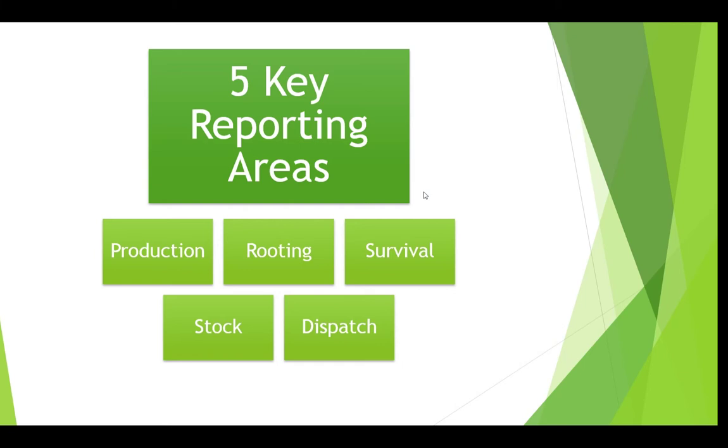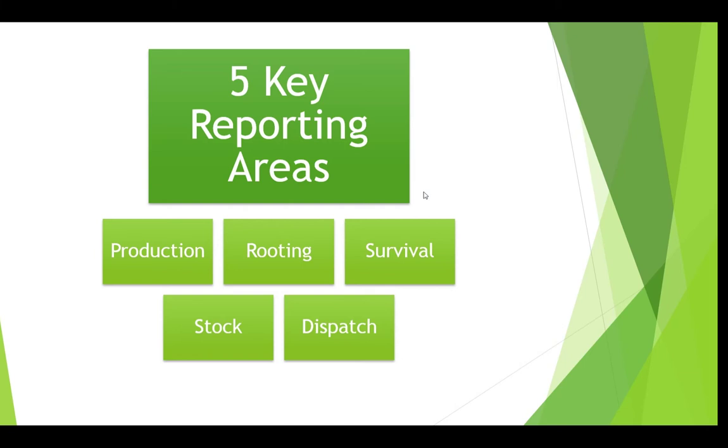The survival of the plants, are they dying off, and what is killing them if so, or are the losses within acceptable levels? How much stock have you got in hand? And is your nursery coping with the stock figures? And then lastly, your dispatch. Are you meeting dispatch requirements, or will you be meeting dispatch requirements?